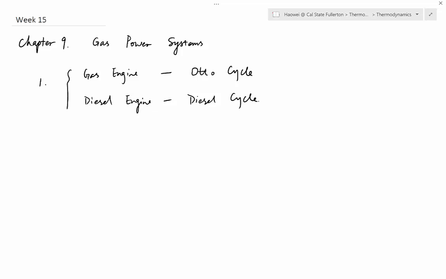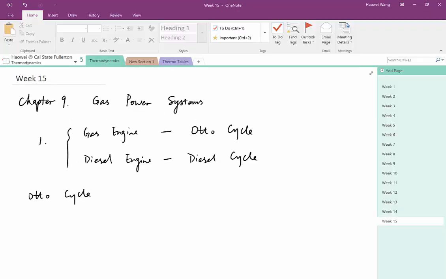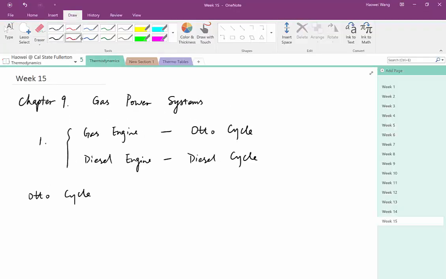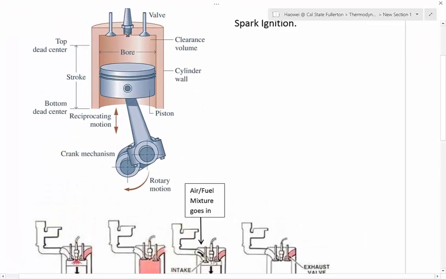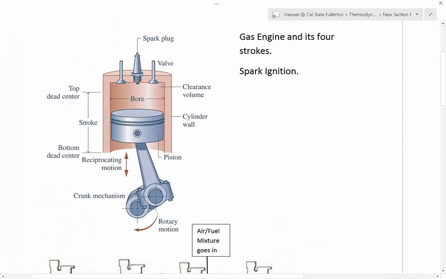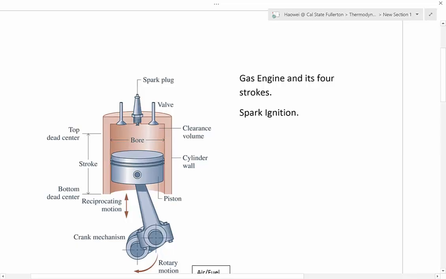Okay, so now let's start from the Otto cycle, which is for a gas engine. Now let's take a look at this diagram. So first of all, you can see this is a gas engine, and usually it's a four-stroke engine.